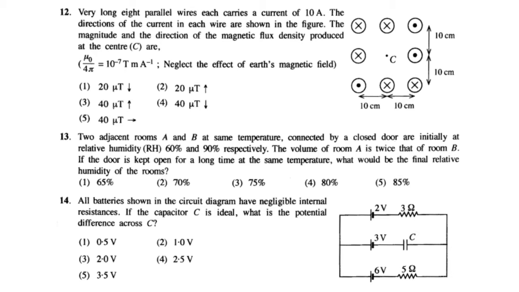Once it is fully charged, there will be no current passing through the capacitor. So at that stage there will be no current passing through the 3-volt battery and the capacitor. So we are starting from that point.